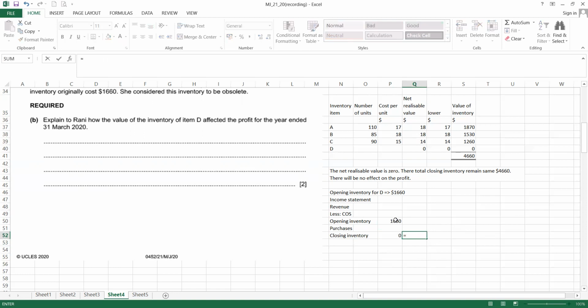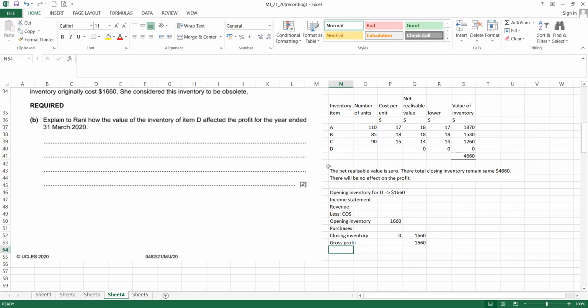By right, using the equation, we have the cost of sales 1,660, and in this situation it will affect the gross profit. Take the revenue minus cost of sales. You notice that this is a negative. Negative means that this is a decrease on the gross profit.